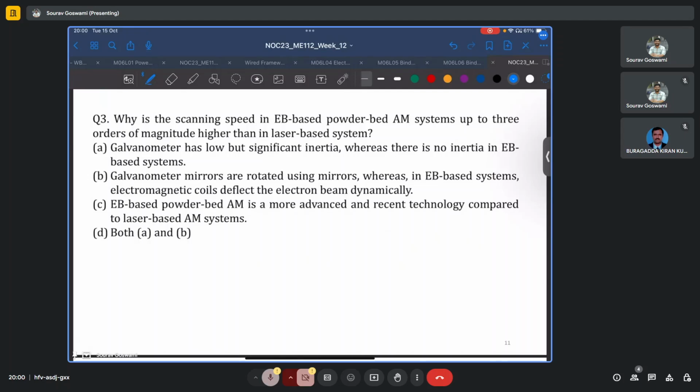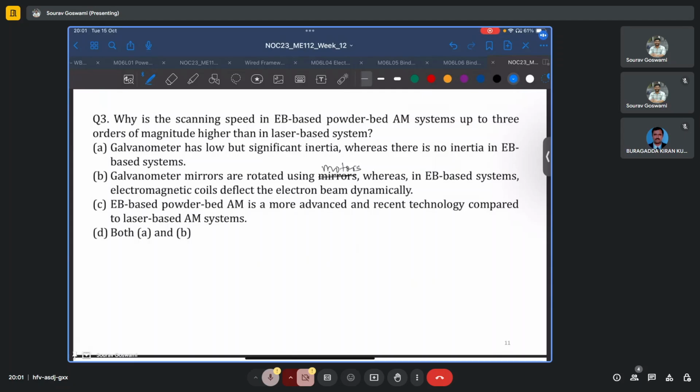Is it because galvanometer mirrors are rotated using, sorry, they should be motors, whereas in EB-based systems, electromagnetic coils deflect the electron beam dynamically? Is it because EB-based powder bed AM is a more advanced and recent technology compared to laser-based AM systems?